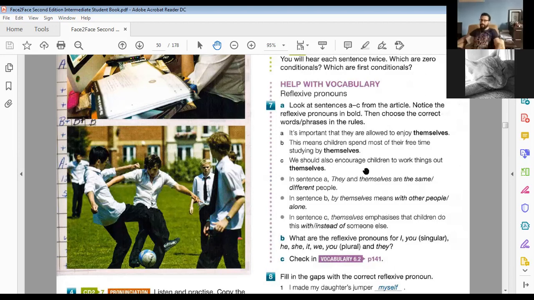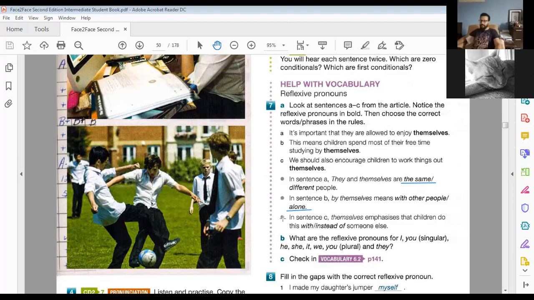Okay. And the next one? In sentence B, by themselves means with others or alone. Alone. Mm-hmm.